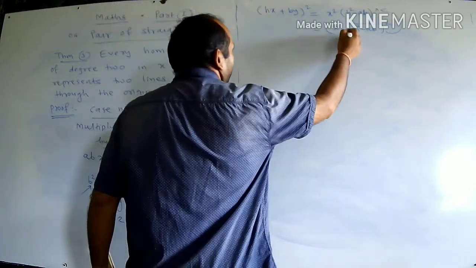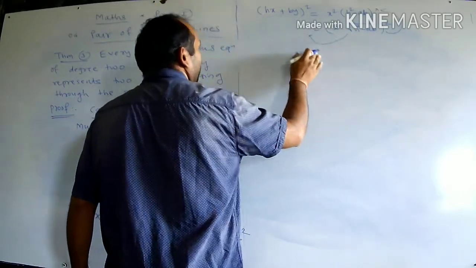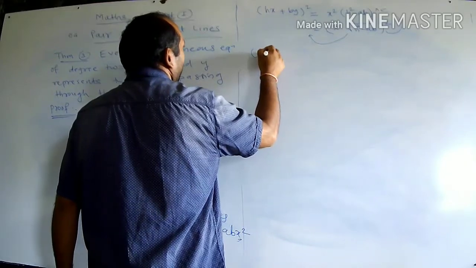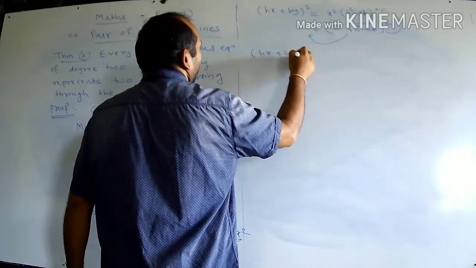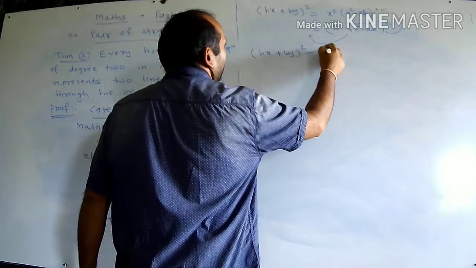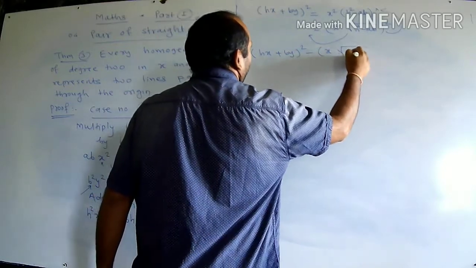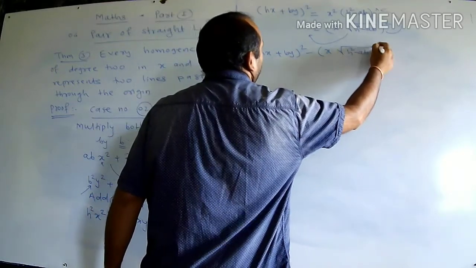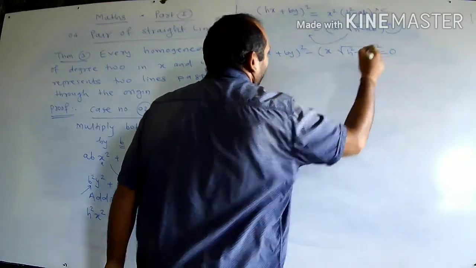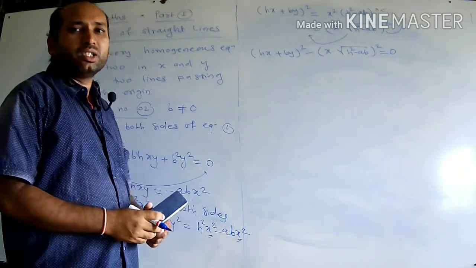So there is no change in this equation. Then finally take this right side term to the left side, sign changes. So we have hx plus by whole square minus x into under root of x square minus ab bracket square is equal to 0.